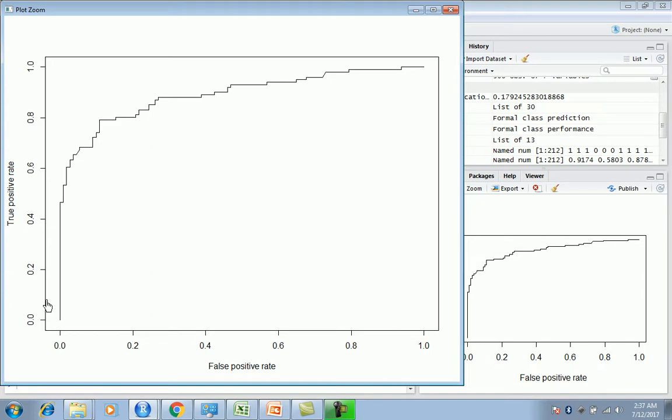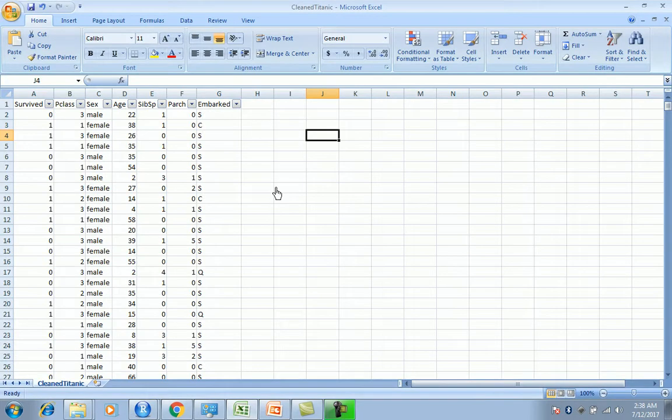Now listen very carefully. What I'm trying to say is, if this model were a very high classifying model, and it was able to discriminate all the classes of survived to the non-survived ones consistently 100% of the times, you would have a very high sensitivity and a very high specificity. My y-axis is sensitivity, my x-axis is 1 minus specificity.